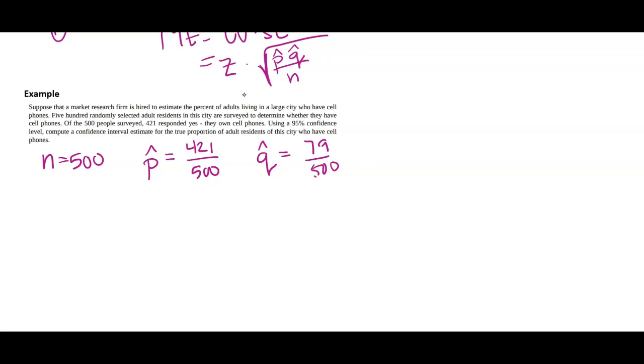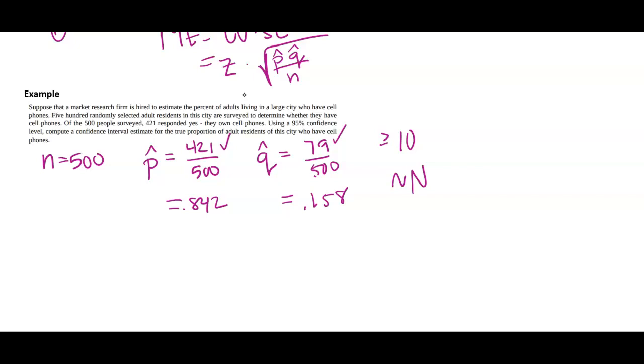And just for fun, let's figure out what that proportion would be. So this is 0.842, and this is 0.158. All right, and the number of successes and failures are both greater than or equal to 10, so I can use a normal distribution and I can use z-scores here, is what that means.